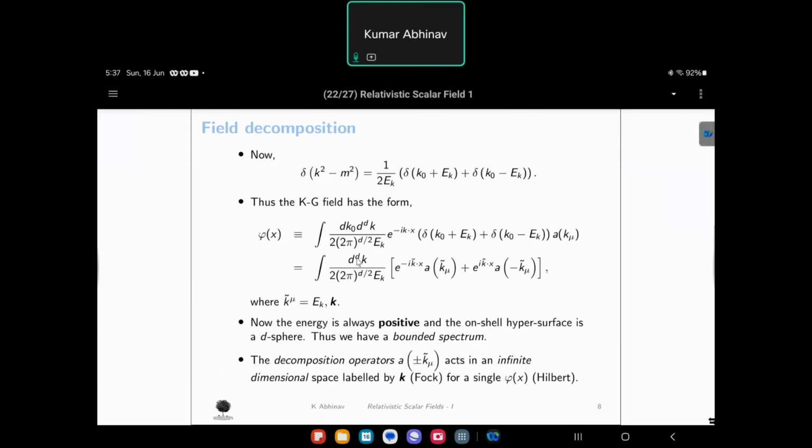Because we still have an infinite integral over k, and each of them is labeled by the space momentum k, which is a signature of the Fock space, and they all represent a scalar field which lives in a Hilbert space. So this is a transition from Hilbert space to Fock space. So it is equivalent to a second quantization.